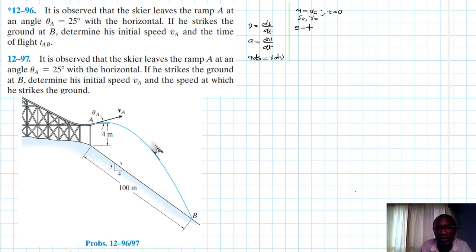We have S equal to S naught plus V naught t plus half a_c t squared. Then another one, V is equal to V naught plus a_c t, and finally V squared is equal to V naught squared plus 2 a_c (S minus S naught).